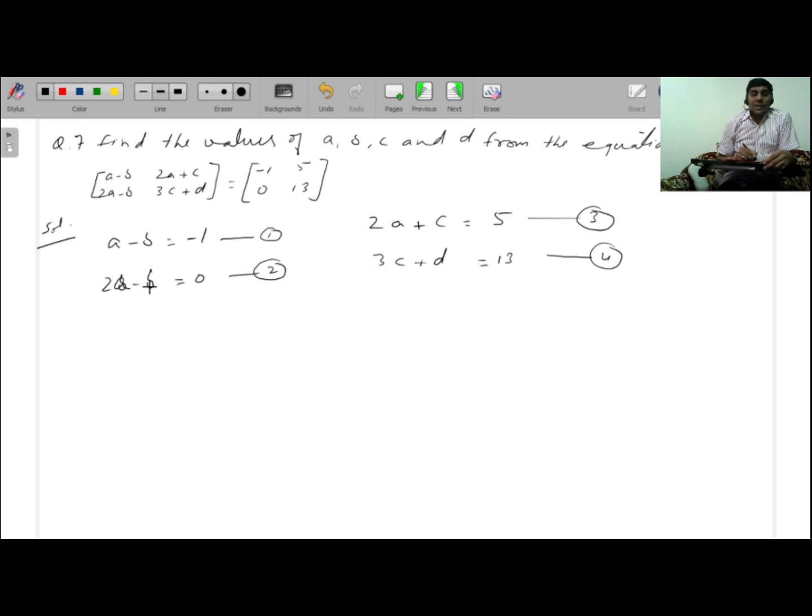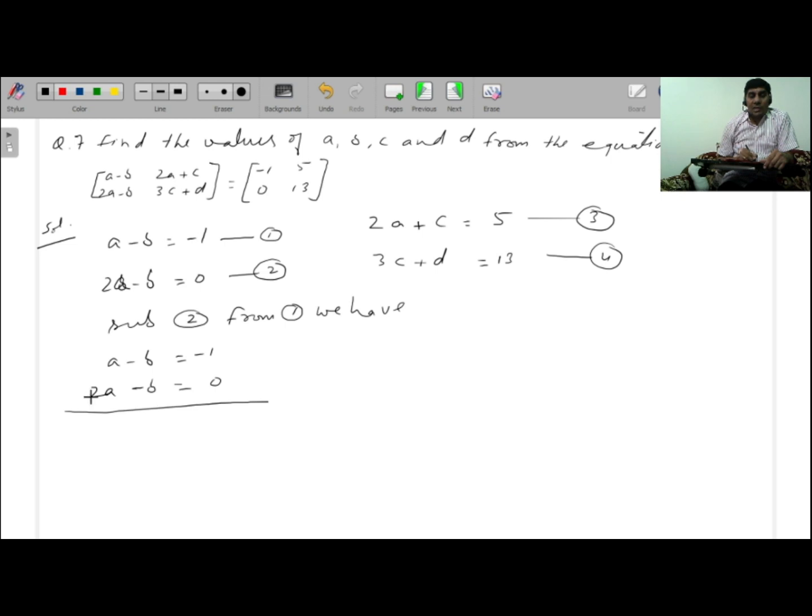From equation 1 and 2, subtracting equation 2 from 1, we have a minus b is equal to minus 1, 2a minus b is equal to 0.